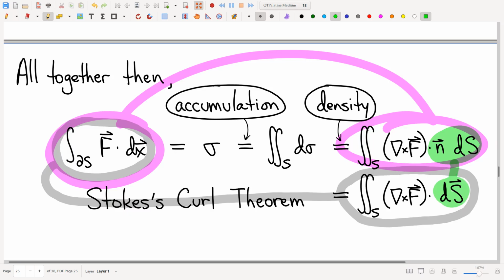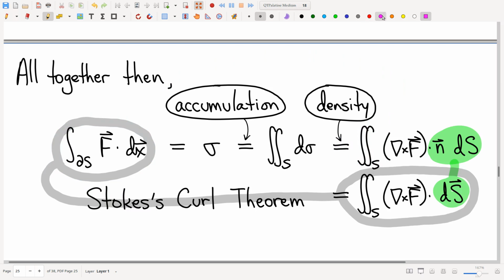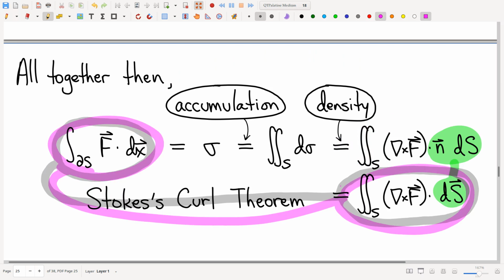And so a weird opportunity arises. We can reinterpret this, I think, as we should, as being not a scalar surface integral, but a vector surface integral. And I like to write it like this. I think it's more natural to write it like this.